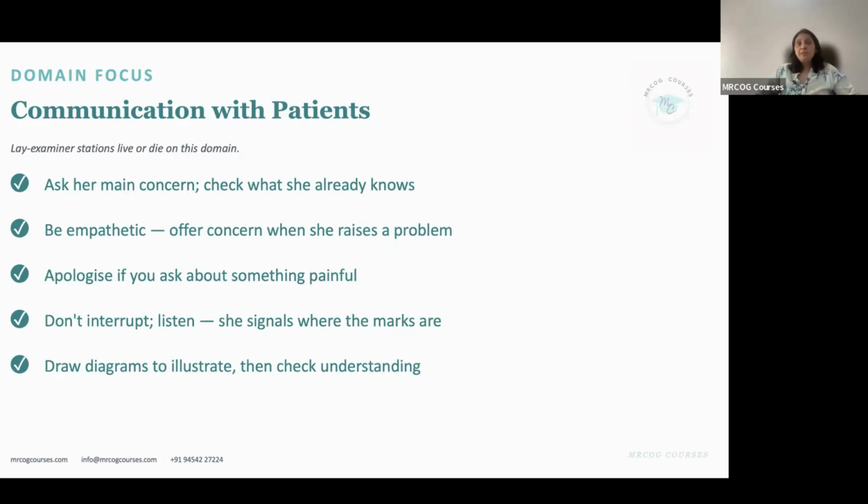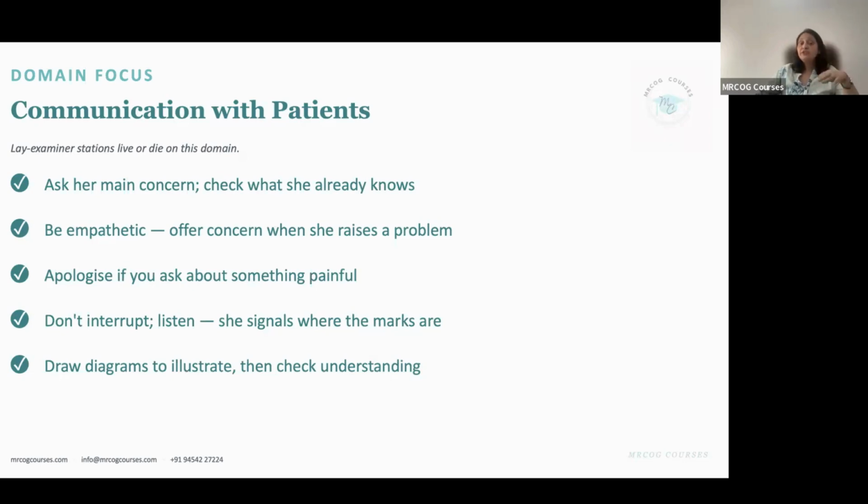If you stop and speak about that, you may lose some 2, 3 points of the applied knowledge, but that's okay. Anyway, you are getting only 2 marks for the applied knowledge. But if you are not stopping, you are getting zero for communication with the patients. So it is very difficult to digest, but this is a very important point.